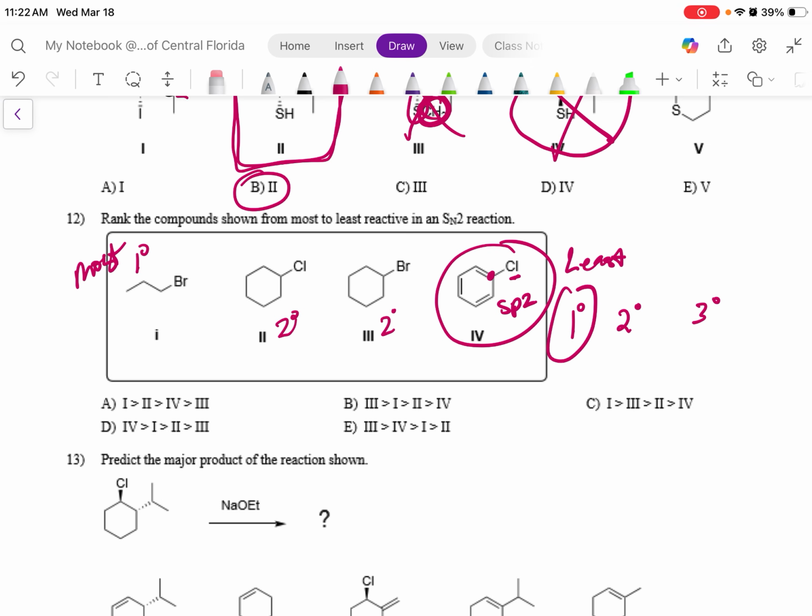Well, they're different leaving groups, right? Chlorine versus the bromine. Which one's the better leaving group? That guy. So that's going to make that reaction go faster than compound 2 due to having a better leaving group. So the correct answer would have to be C. Because that 1 is the most, 4 is the least, 3, then 2. Yep. So answer choice C.